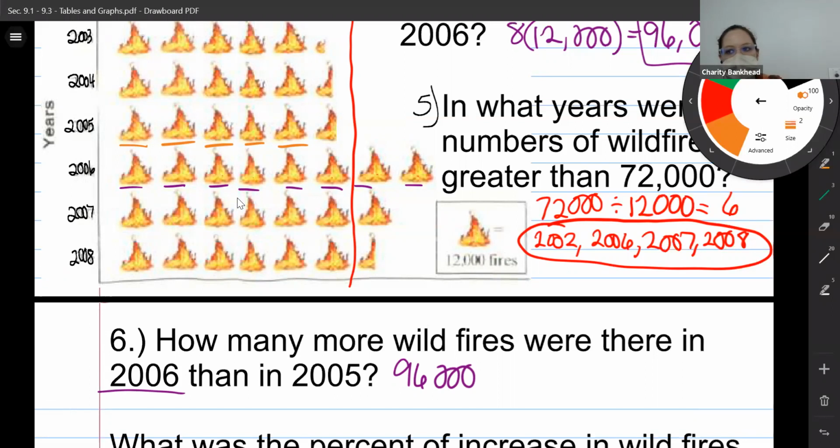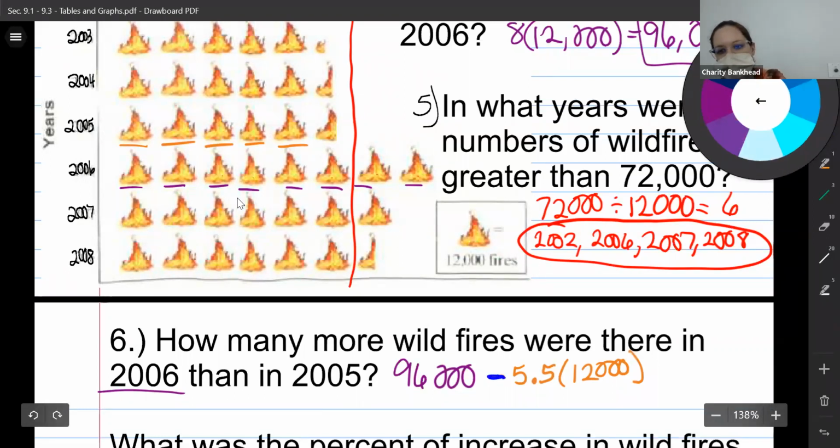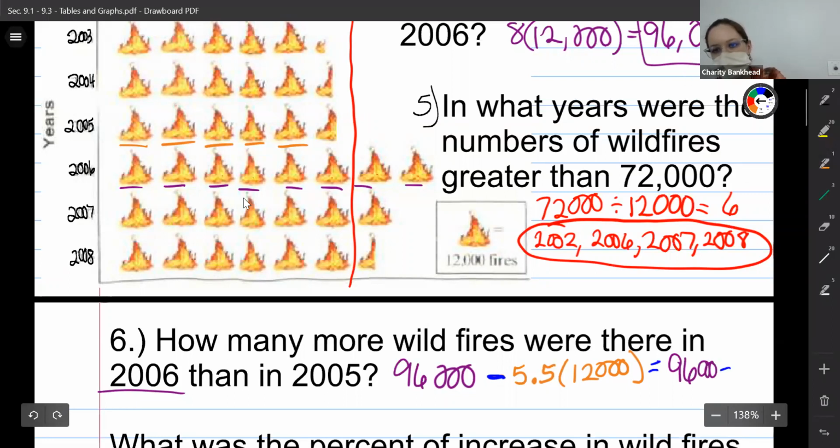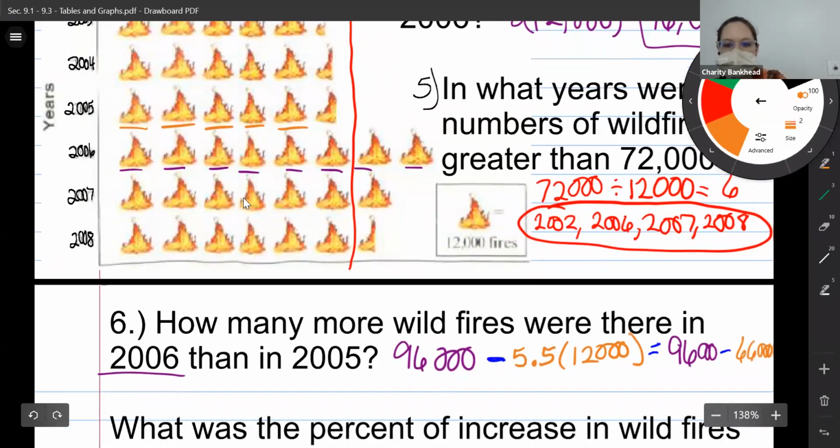So subtract 5.5 times 12,000. So that'll be 66,000, I believe, when you multiply that. So that'll equal 30,000.